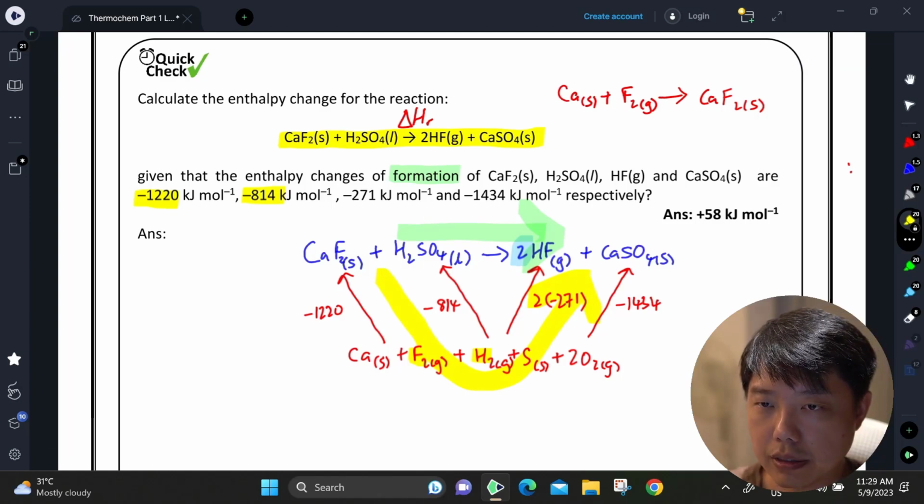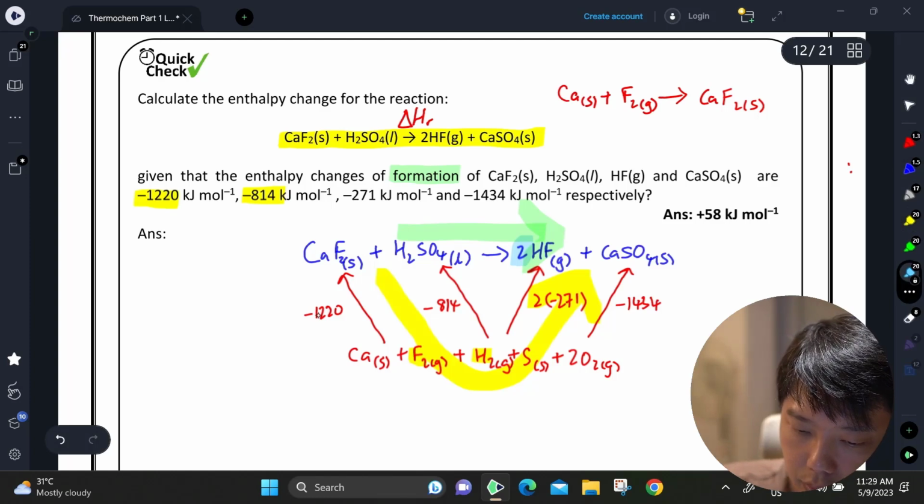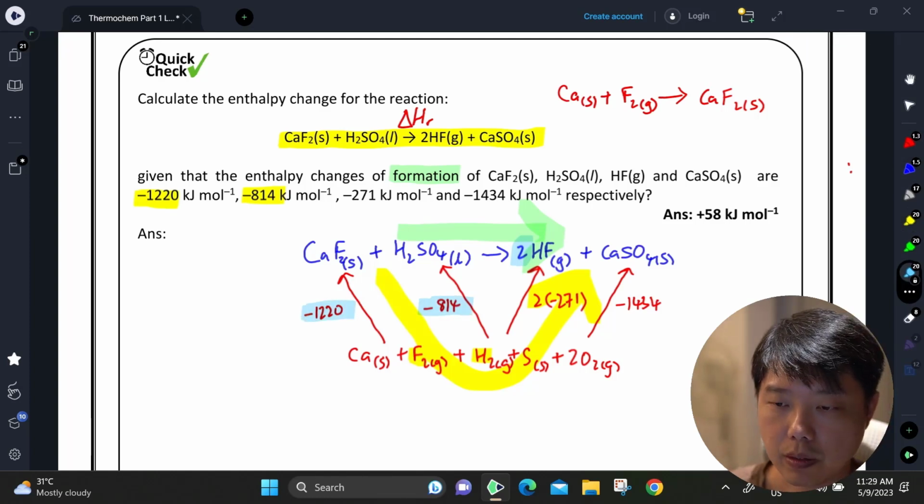If you look at the green arrow versus the yellow arrow, you notice that these two values will have to flip. You have to add a negative sign in front of them.